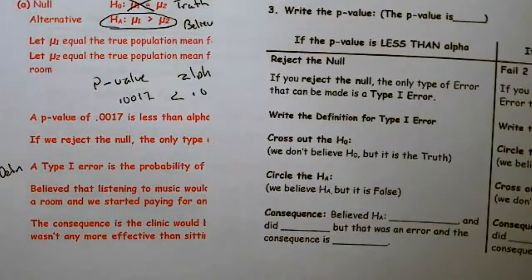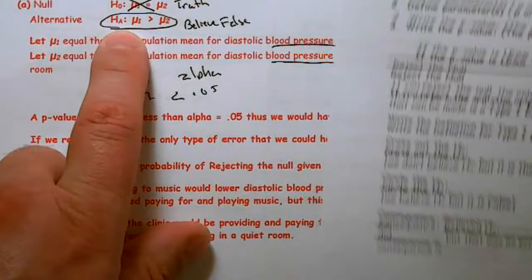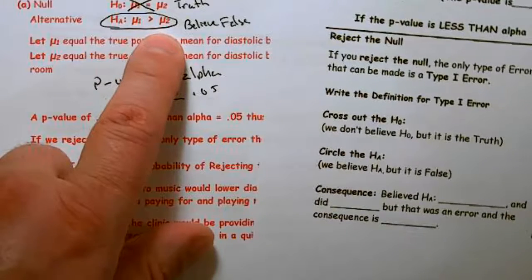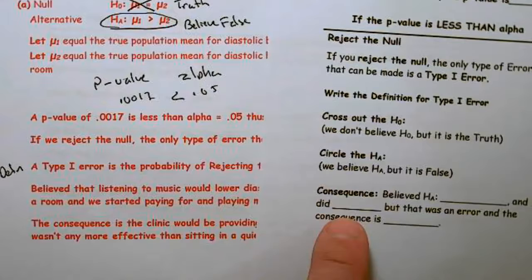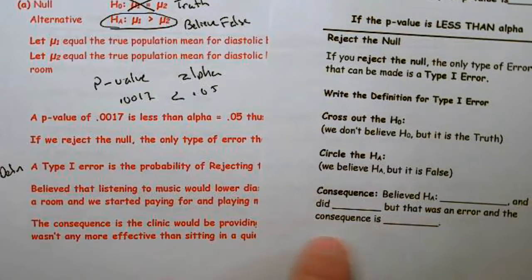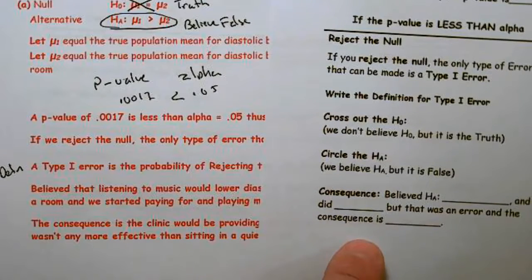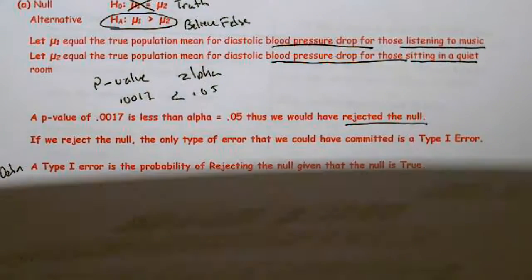But we're going to start with where we believe the alternative. We believe that the music was better than sitting in a quiet room. And what did we do? We decided to play music, but that was a mistake. And the consequence is we paid for something that really wasn't any more helpful. Okay. All right.